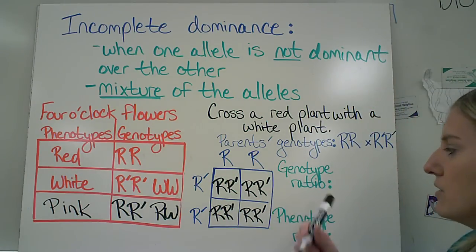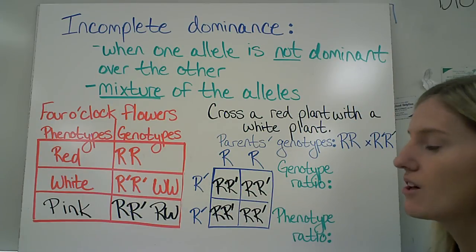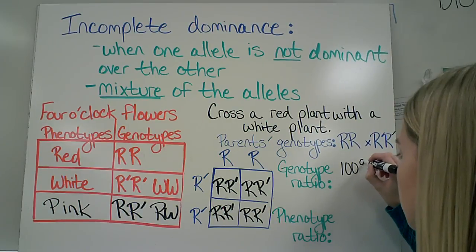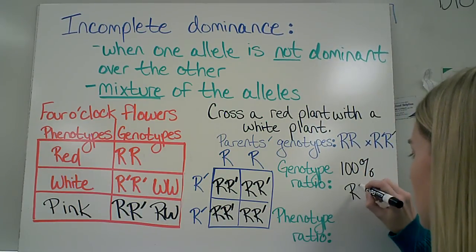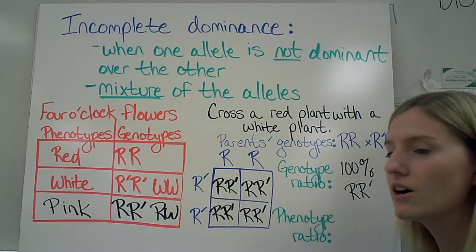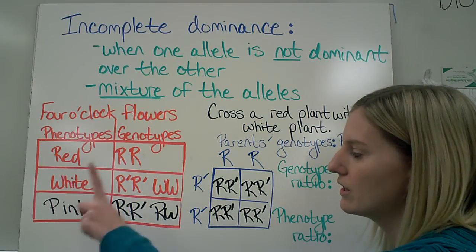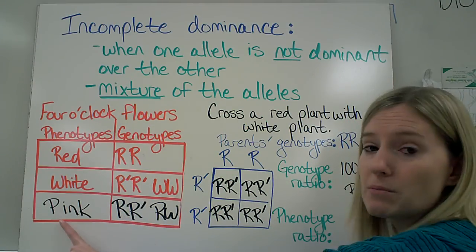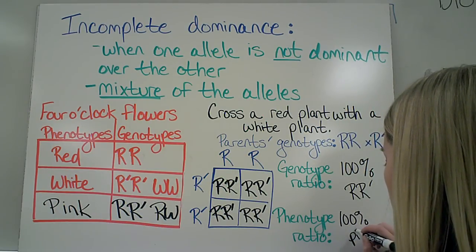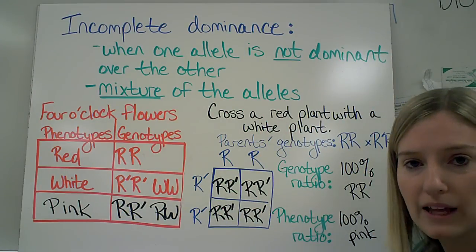So my genotype ratio, or my percentages, looking at all 4 boxes, is 100% R, R prime. What about my phenotypes? If something has R, R prime, what is that going to be for the phenotype? Well, if I look over here in my chart, to remind myself, R, R prime is pink. So I have 100% pink flowers if I have a red plant being crossed with a white plant.